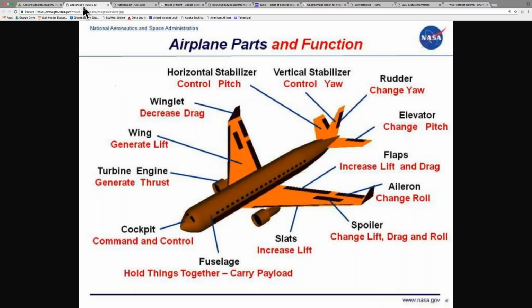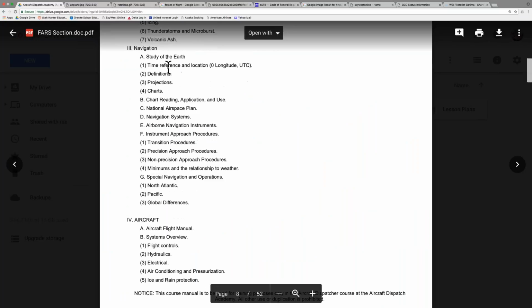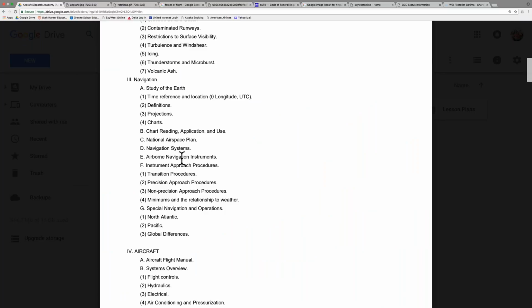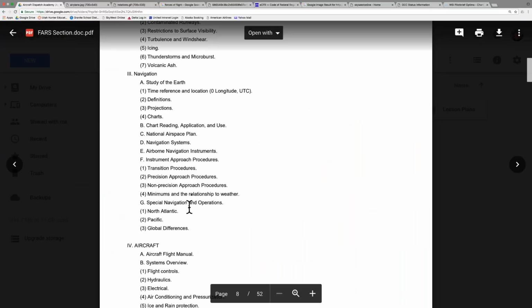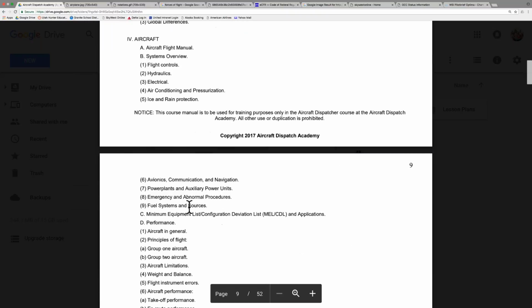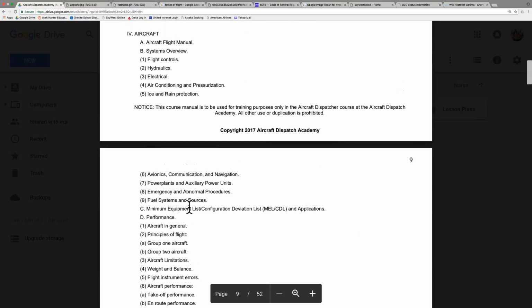But anyways, getting back over to this fun stuff. Navigation, we'll go over how all those systems work. Then we have a section on aircraft systems. So like I said before, we use the CRJ 700 aircraft in this class.